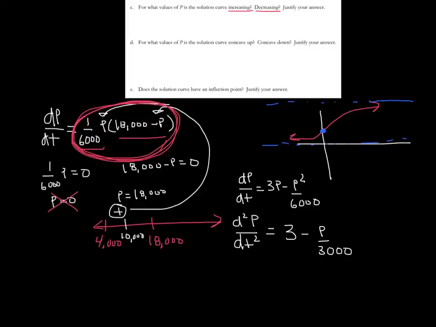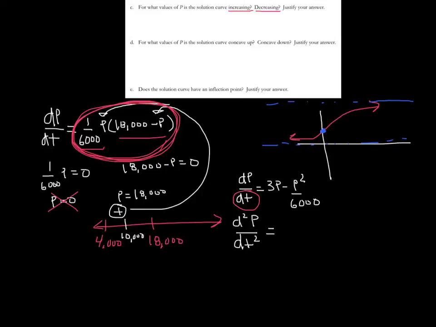And that is wrong, because you have to remember that we are taking the derivative implicitly with respect to time, right? dp/dt, there it is. So you have to do this implicit differentiation. So I'm going to erase this and take the derivative implicitly.